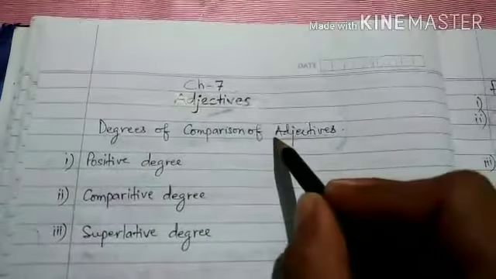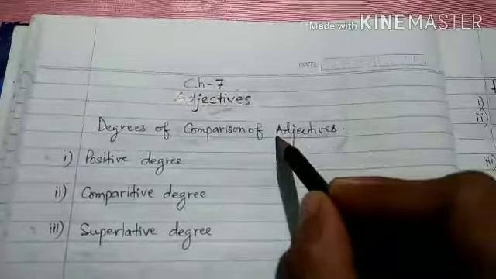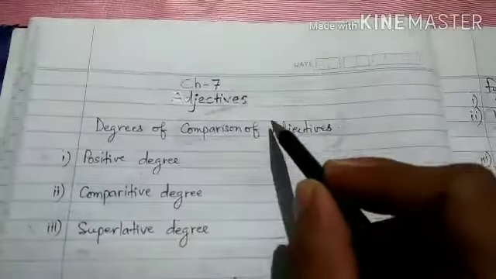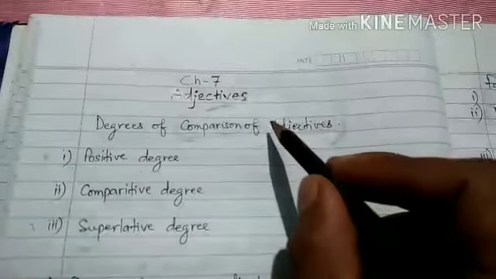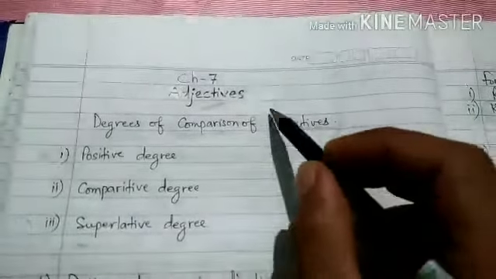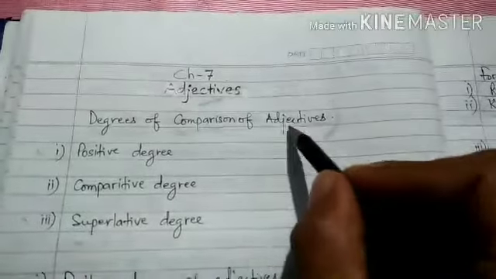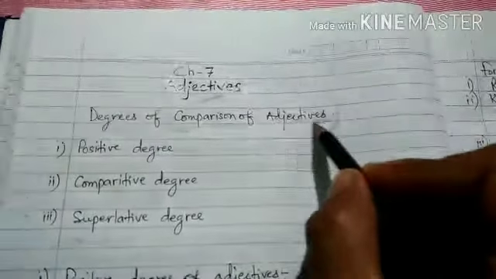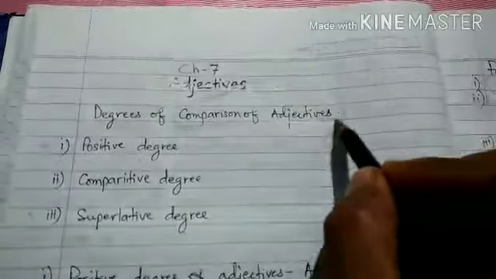Because we have already understood adjectives in our previous video with its definition and examples, that adjectives are the words that show the qualities of nouns and pronouns. They qualify nouns and pronouns by showing their qualities, quantities, numbers, shapes, sizes, colors, etc. That means adjectives show the qualities of nouns.